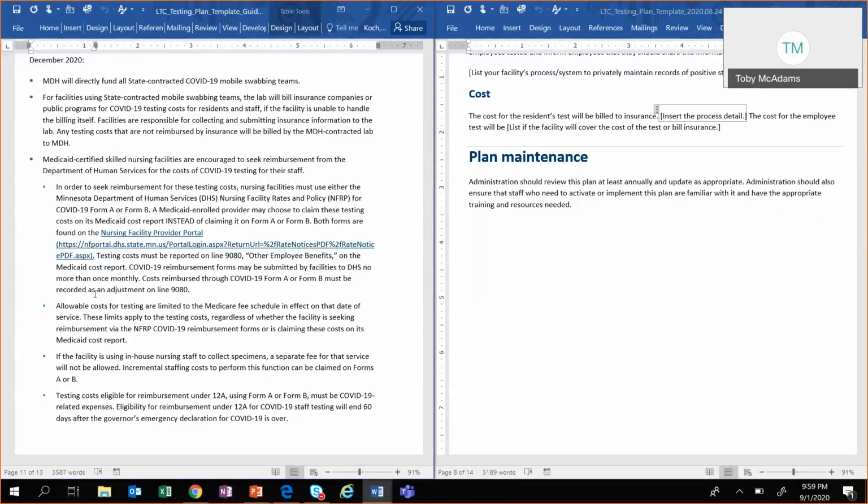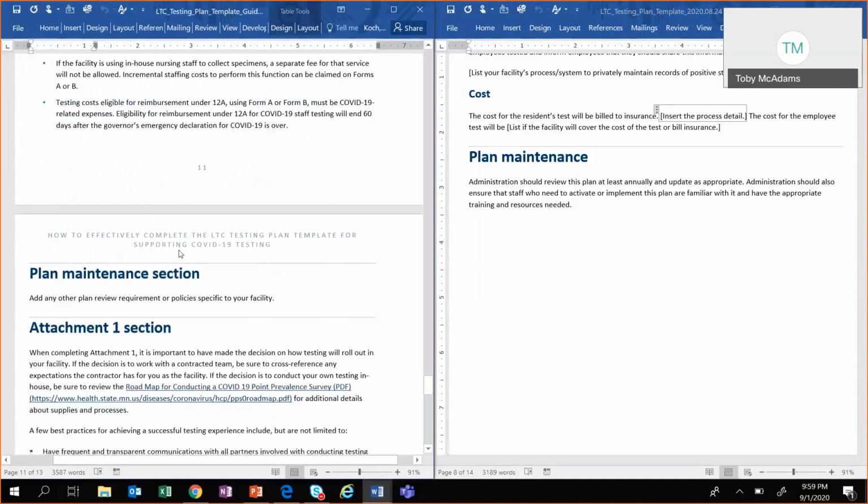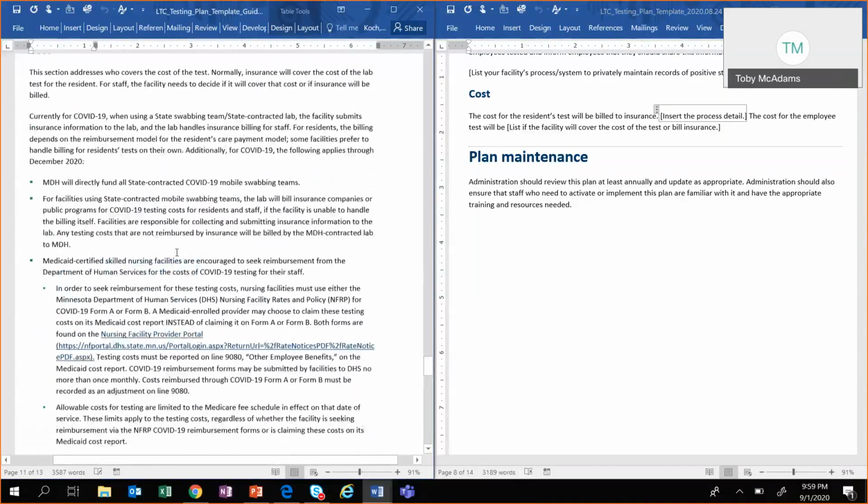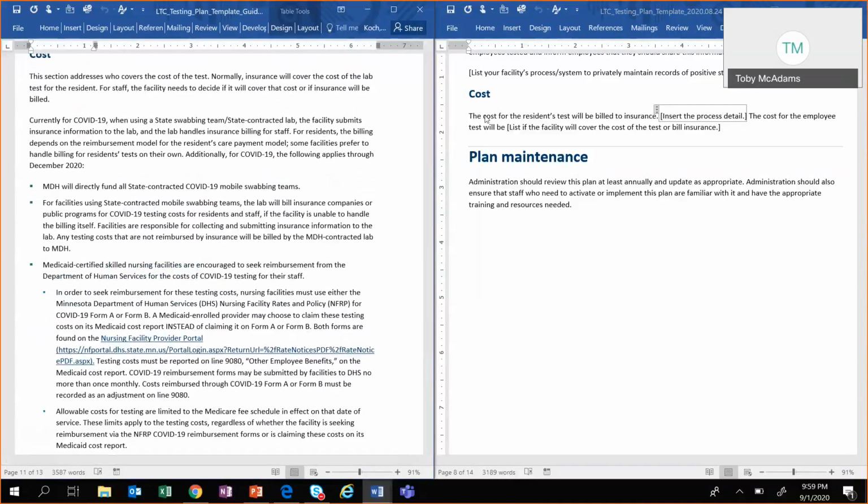So at any given time, please reach out to our SCOC testing team. The email is located within the guidance in multiple areas, and ask about the available resources. So I hope that sheds light on how you can approach cost, because we know that has been a key component for us as we've been planning.